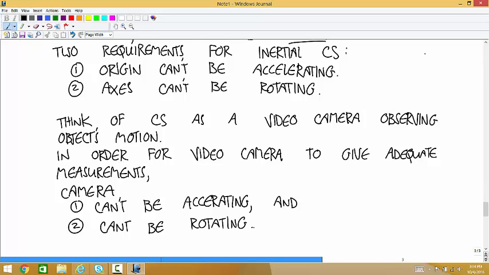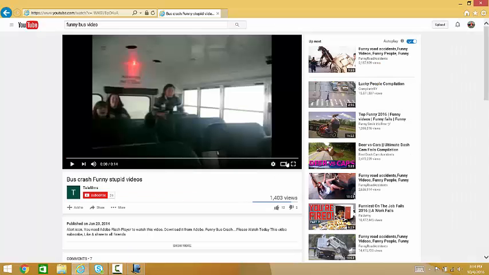It doesn't look like it makes any sense with physics. The reason it doesn't look like the physics makes sense is because the video camera that's used to take it is accelerating. And that means that it looks like the laws of physics that we haven't talked about mathematically yet, but we all have experience with, it looks like they don't hold. Okay, so here we go.